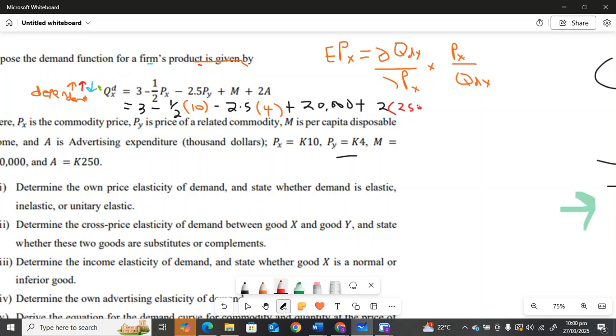Let's get our calculators. So half times 10, that is 5. So this becomes 3 minus 5. Negative 2.5 times 4, that is negative 10.